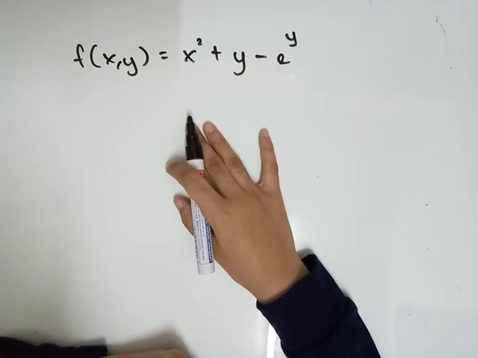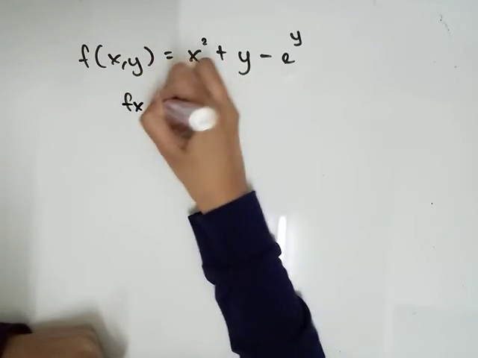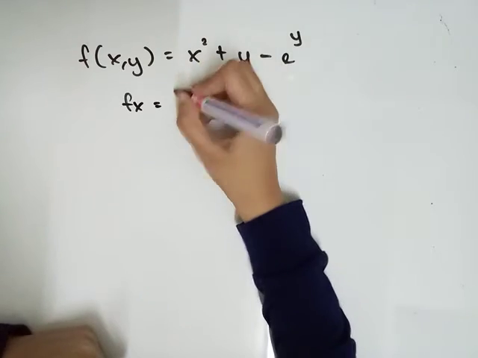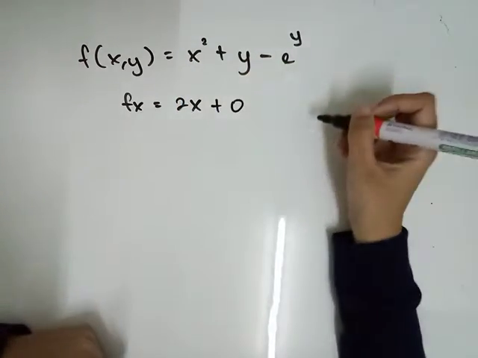Let's say we need to find the partial derivative with respect to x. So differentiate x squared, we get 2x. Y is a constant, so differentiate constant, we get 0.